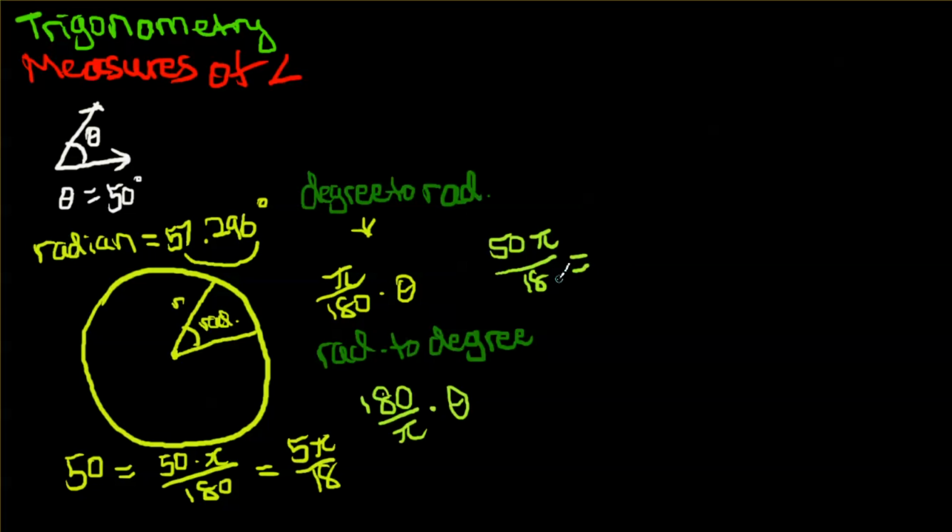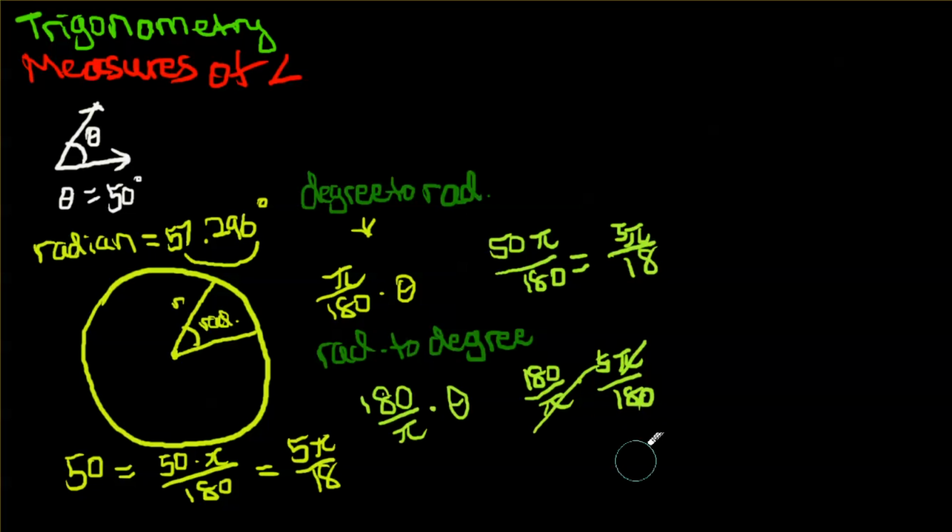Now I already showed you this down here, so we know that it's 5 pi over 18. But if we know that, we can multiply 180 over pi by 5 pi over 18.